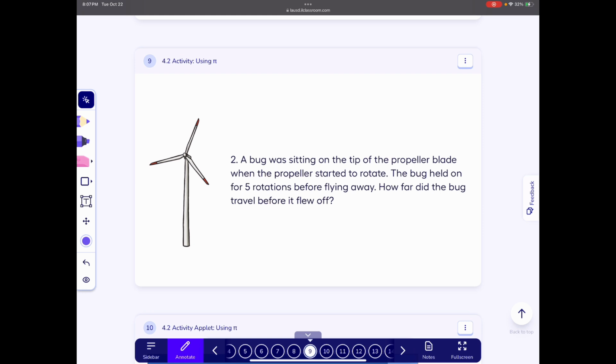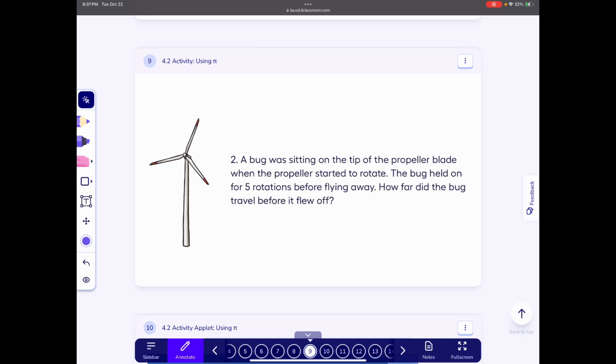A bug was sitting on the tip of the propeller blade when the propeller started to rotate. The bug held on for 5 rotations before flying away. How far did the bug travel before it flew off? This is quite a mouthful, but you can read it and break it down into the main points.